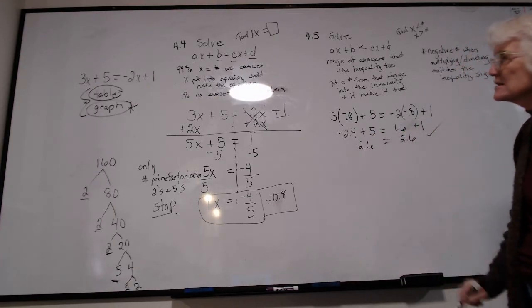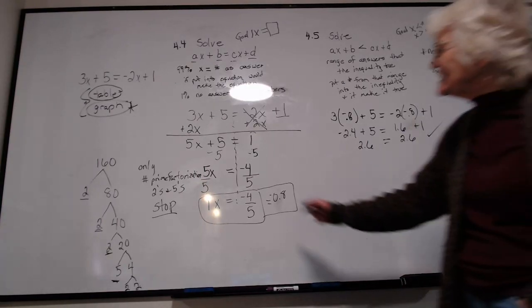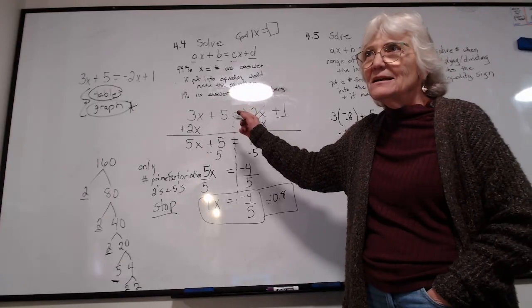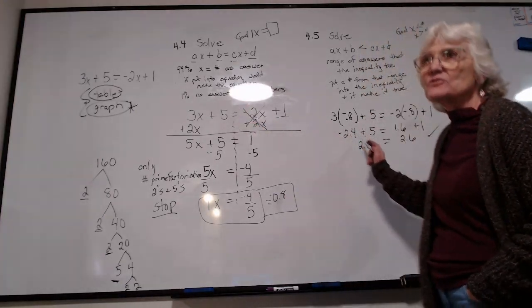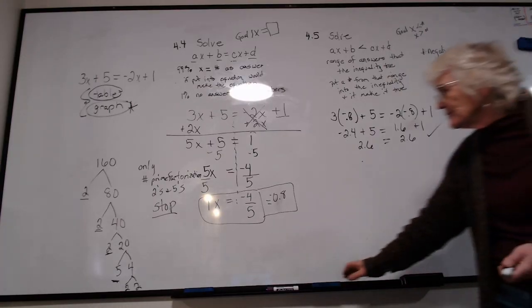Notice it checks. So I can know if my answer is correct by going back and checking it. In an equation, you always put exactly what you got back in, and that will give you a true equation. That's how you check an equation.